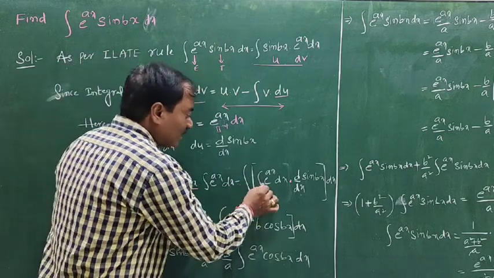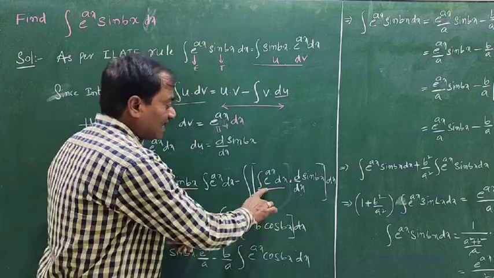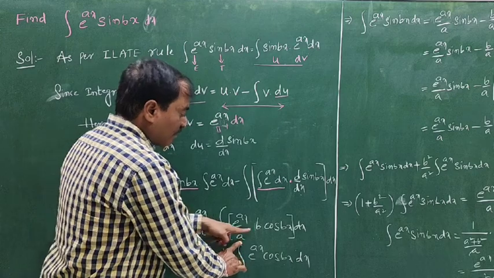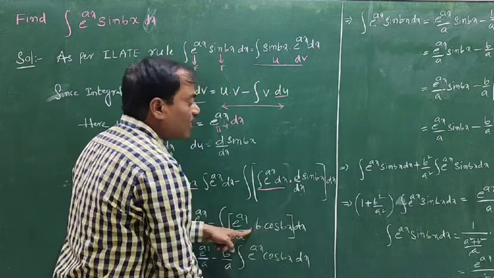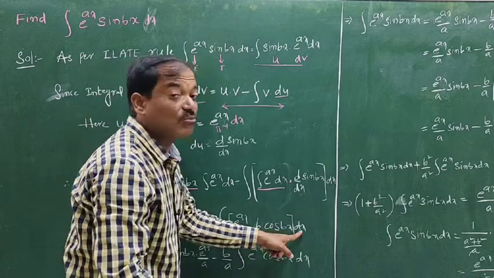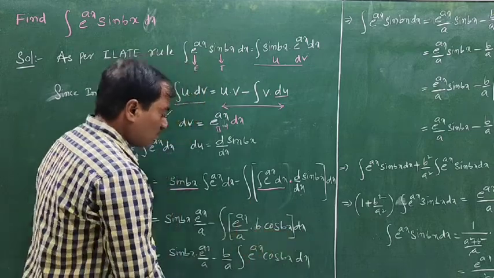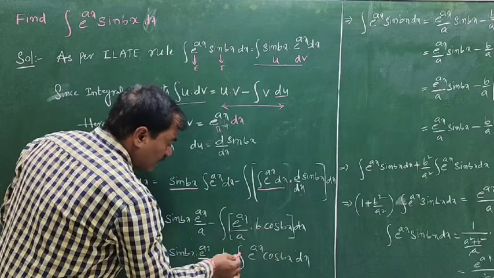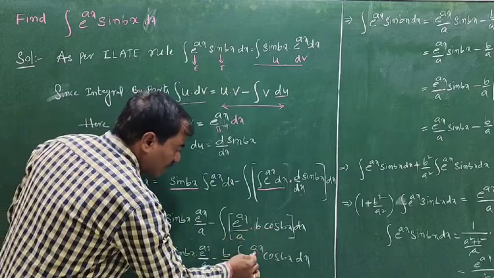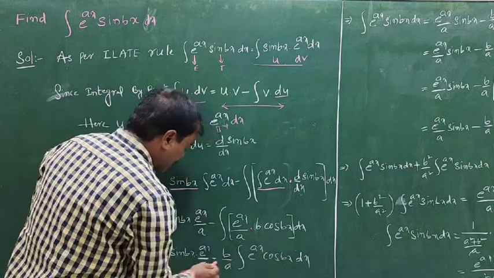Now in this integration again we have one more integration: integral e power ax dx equals e power ax by a, into the differentiation of sine bx, b into cos bx, and dx. Clear? So now from here we take b by a common, then integral e power ax cos bx dx.